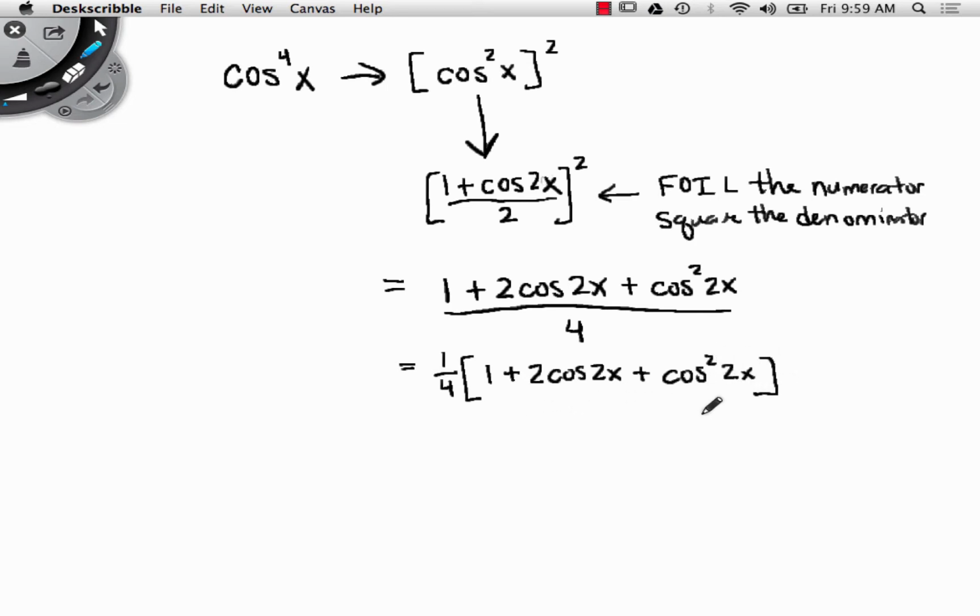And then I use my power reducing again: 1 plus cosine over 2.